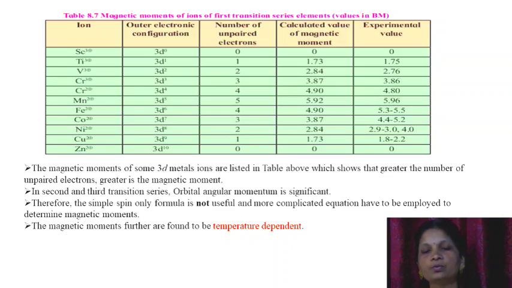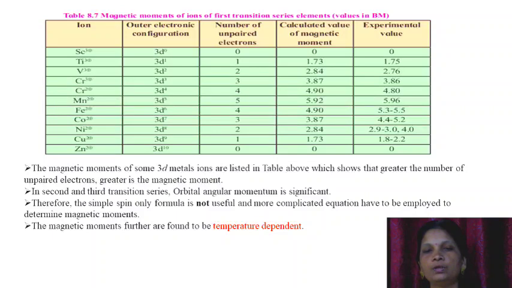So again we are seeing here 4.9 calculated and experimental value. Co+2, 3d7 outer electronic configuration, 3 unpaired electron, the calculated value and experimental values are different. Calculated value is 3.87 Bohr magneton, but the experimental value is in the range of 4.4 to 5.2 Bohr magneton.